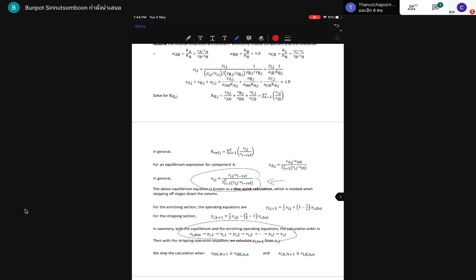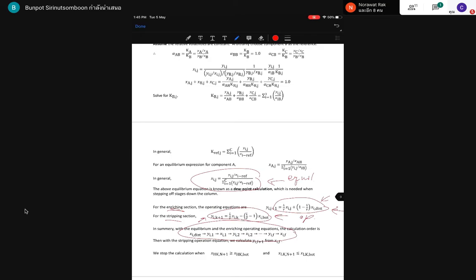This is the equilibrium equation, and then we switch to the operating equation right here. These two are the operating equations. This one is for the enriching section, and the lower one is for the stripping section.